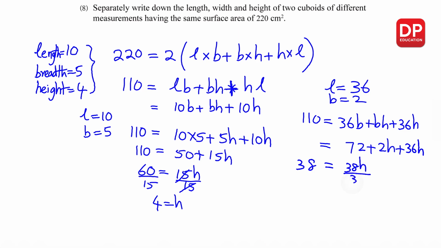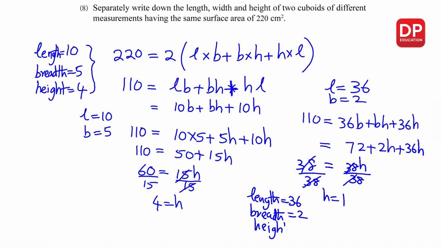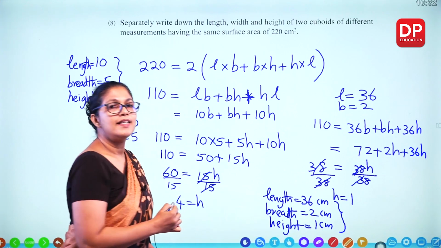When you divide by 38, you get H equals 1. So what's the new one? Length is 36, breadth is 2, and height is 1. So this is the second cuboid.